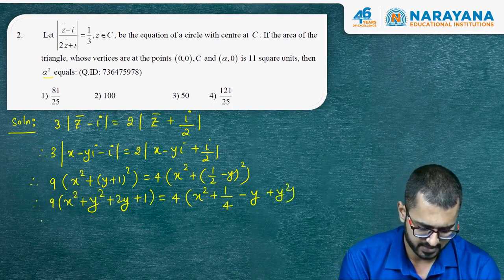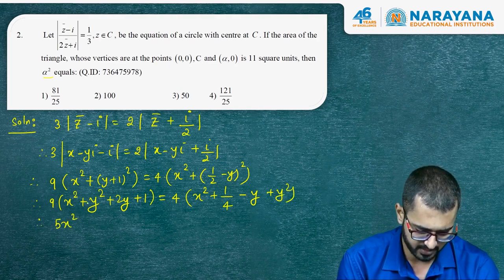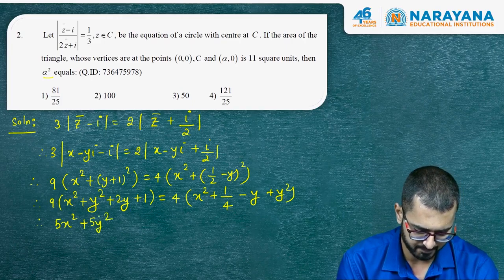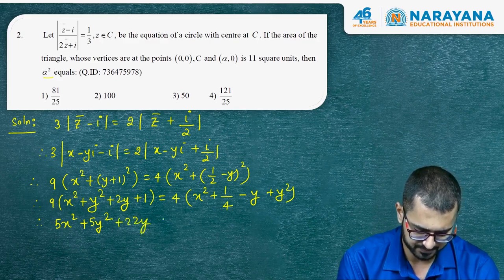Now we'll take this 4 inside, and I'll have 5x square, 9 minus 4. And here we have 9y square and 4y square, so again plus 5y square, and this is 18y and here 4, so this will become plus 22y.